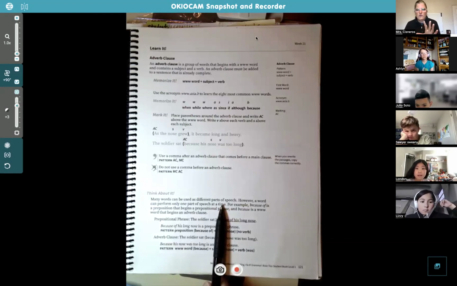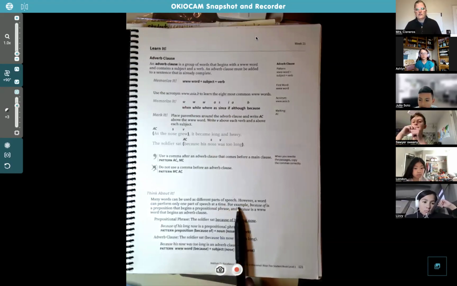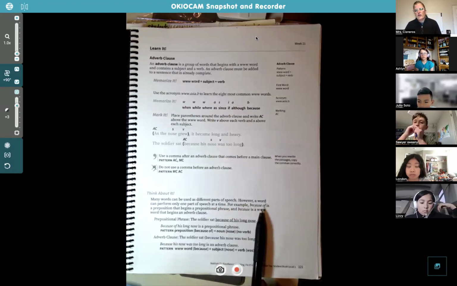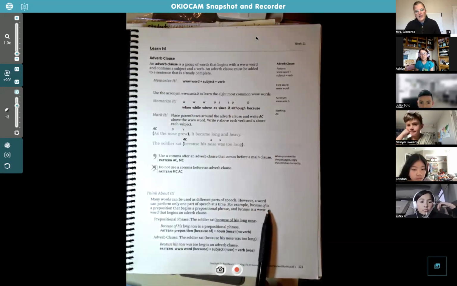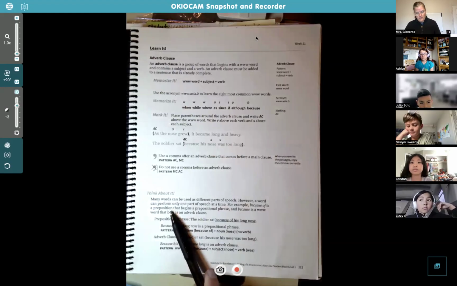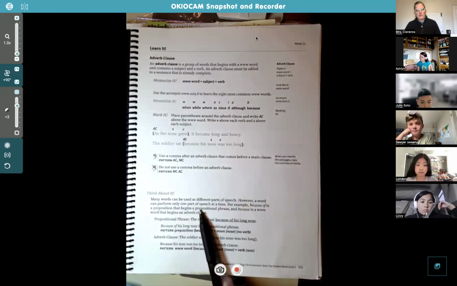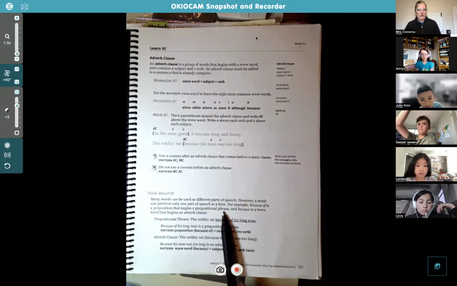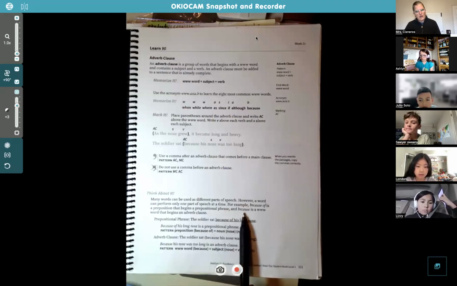So these can only be used in one way at a time. For example, it says because of. Notice that of is next to that. Because of is a preposition that begins a prepositional phrase. Remember, we underline those in the book. So because of is different than if you just use the word because.